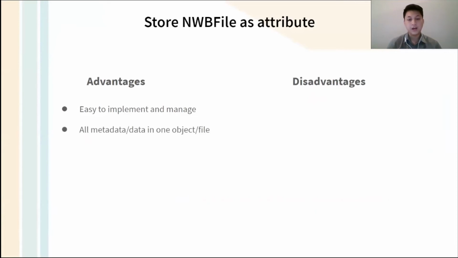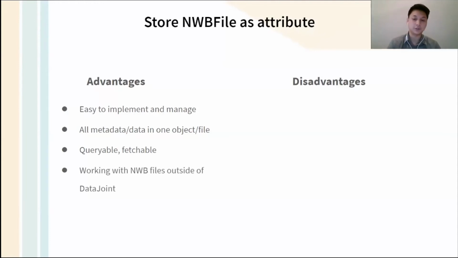You do have all the metadata and data in that one object and one file. When you fetch back, you have everything. You can use all of the visualization and all of the NWB-aware tools on that object. And this is still queryable and fetchable with all of the DataJoint features. And you can also work with those NWB files outside of DataJoint.